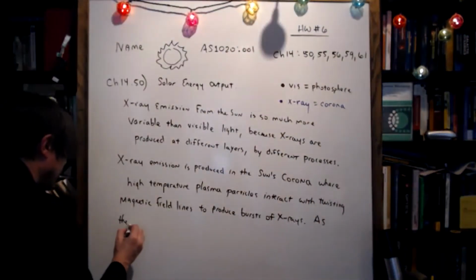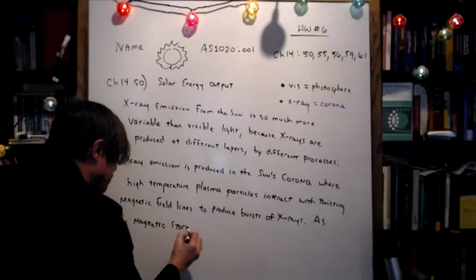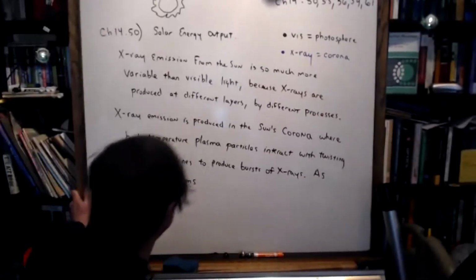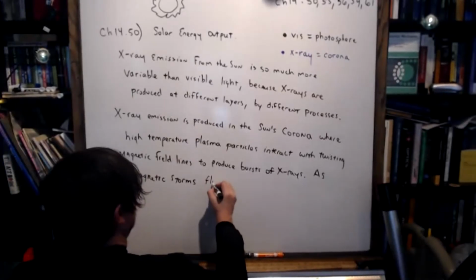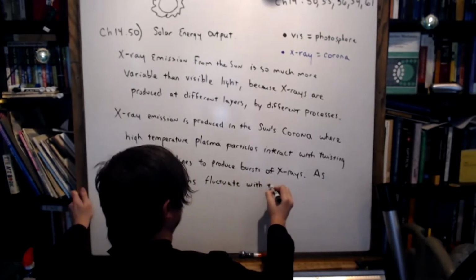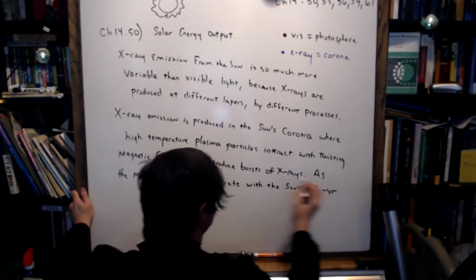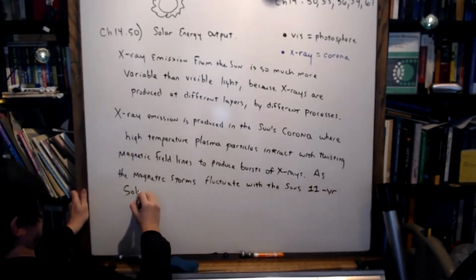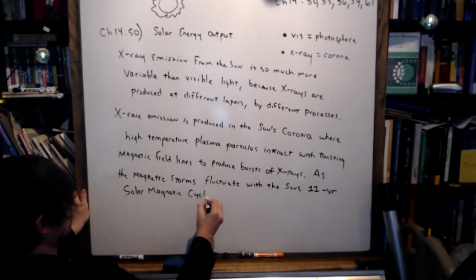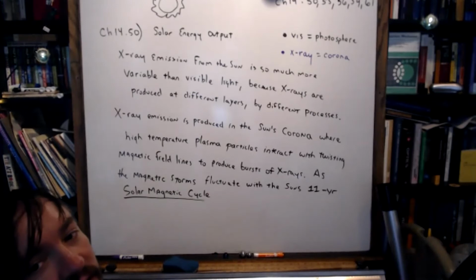As the magnetic storms, we'll kind of call them magnetic storms, fluctuate with the sun's 11-year solar magnetic cycle, we're going to underline the term solar magnetic cycle because it's kind of a big deal.